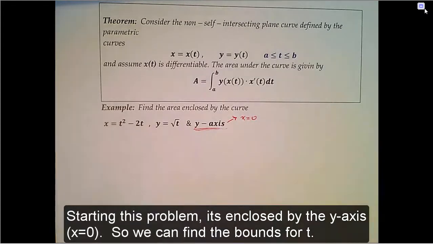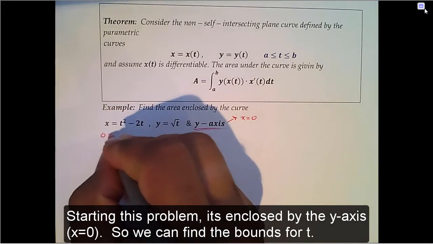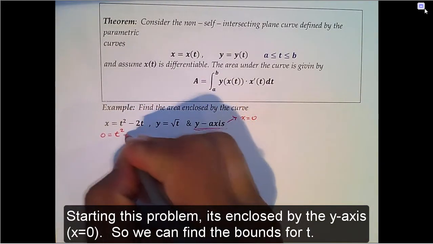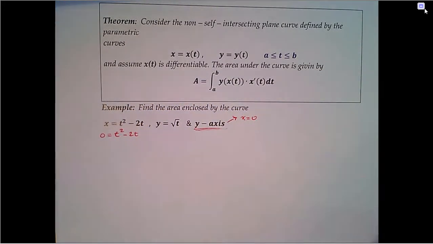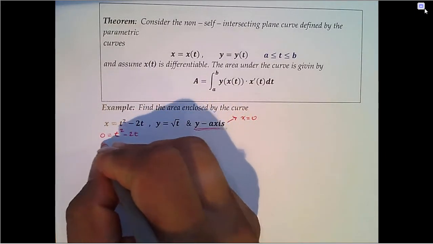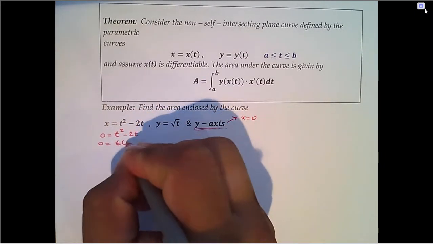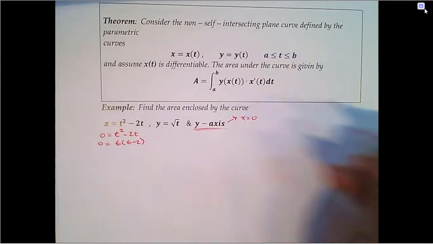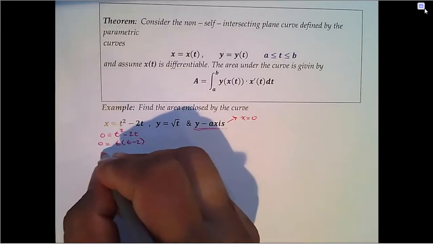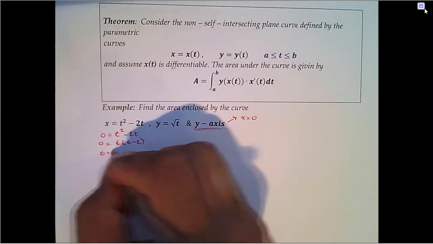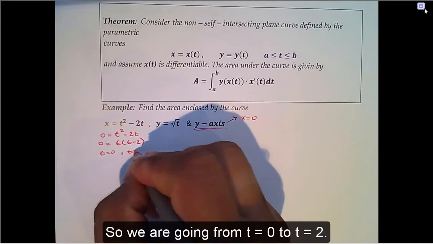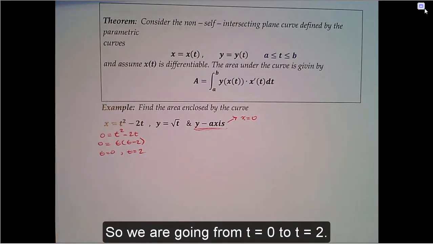Starting this problem, it's enclosed by the y-axis, where x equals 0, so we can find the bounds for t. So we're going from t equals 0 to t equals 2.